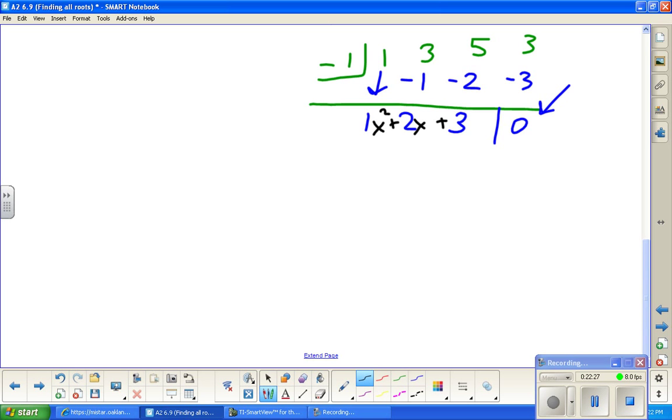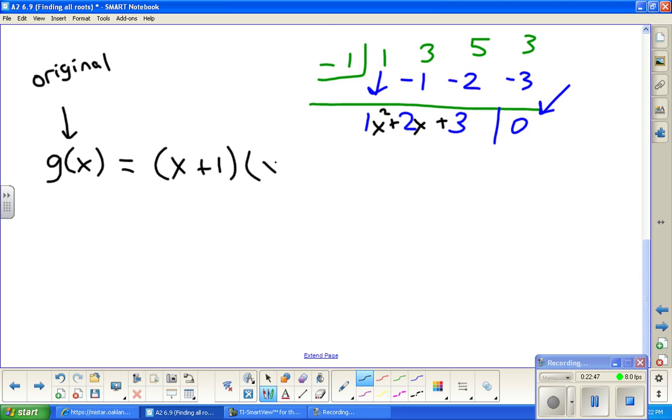Okay, so let's get everything organized here. Remember our original big function, g of x. Okay, we factored it now. We knew from the very beginning that x plus 1 and x minus 1 were 2 factors from the beginning graph, right?